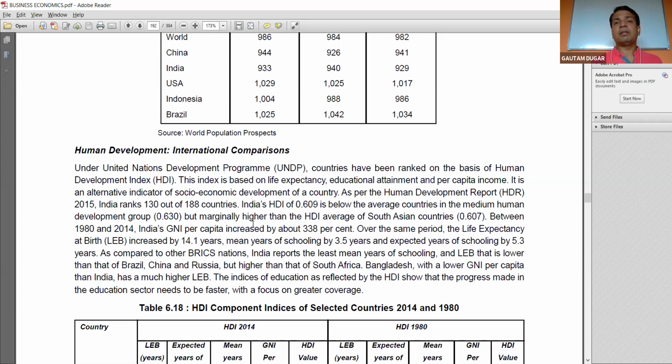That is, we are far behind in development. The Human Development Index is based on life expectancy, educational attainment, and per capita income. An average of these three parameters taken together is used to prepare the index. It basically shows the level of economic development of the country. Out of the countries ranked, India stands at 130.